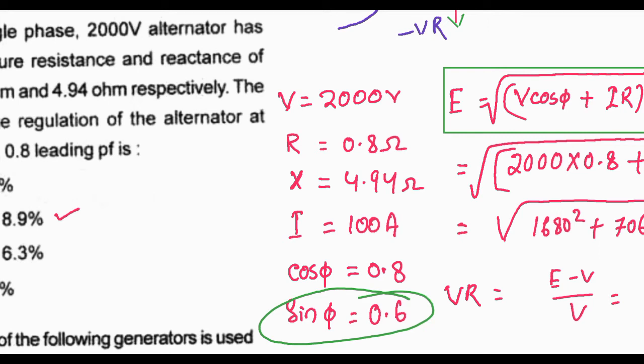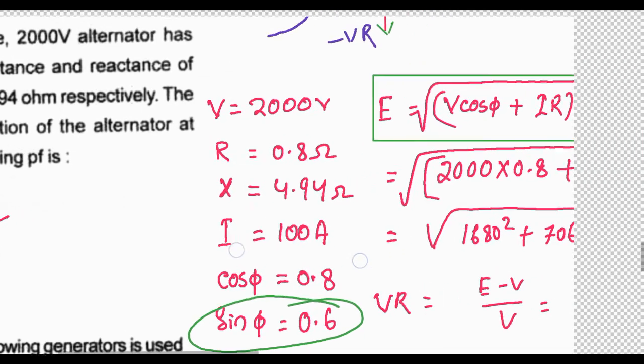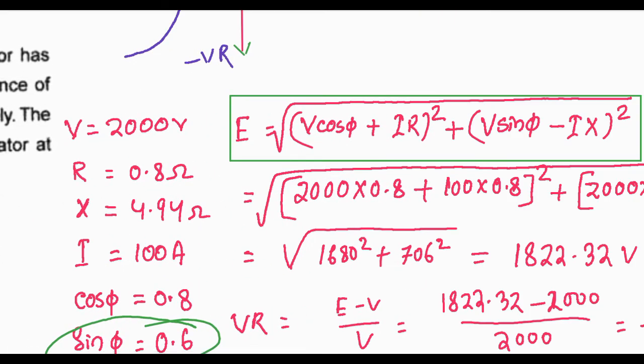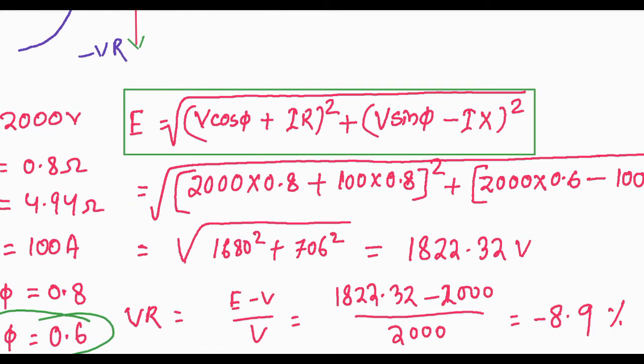Cos phi is 0.8 and sin phi will be 0.6. And E is the excitation voltage. The formula has a negative sign for leading power factor, and positive for lagging power factor. In this case it is leading power factor.